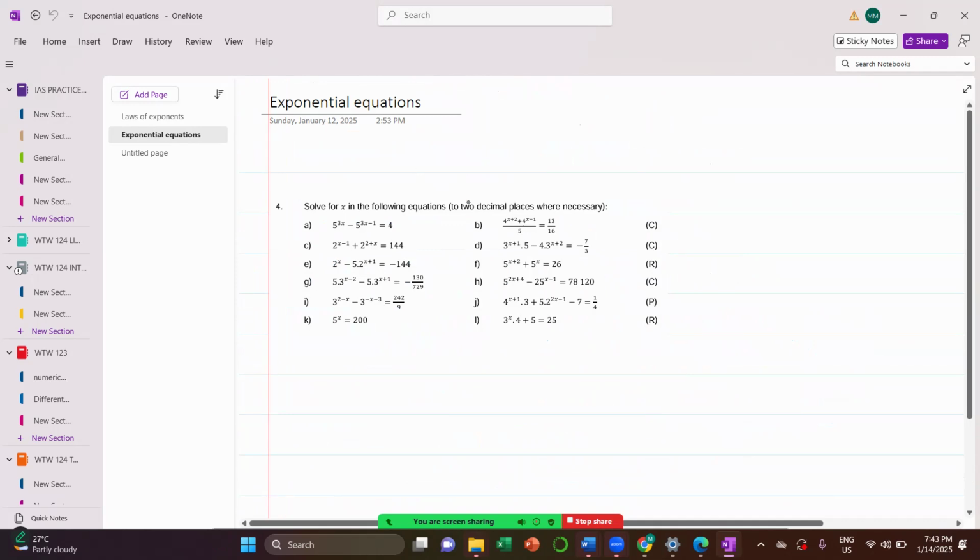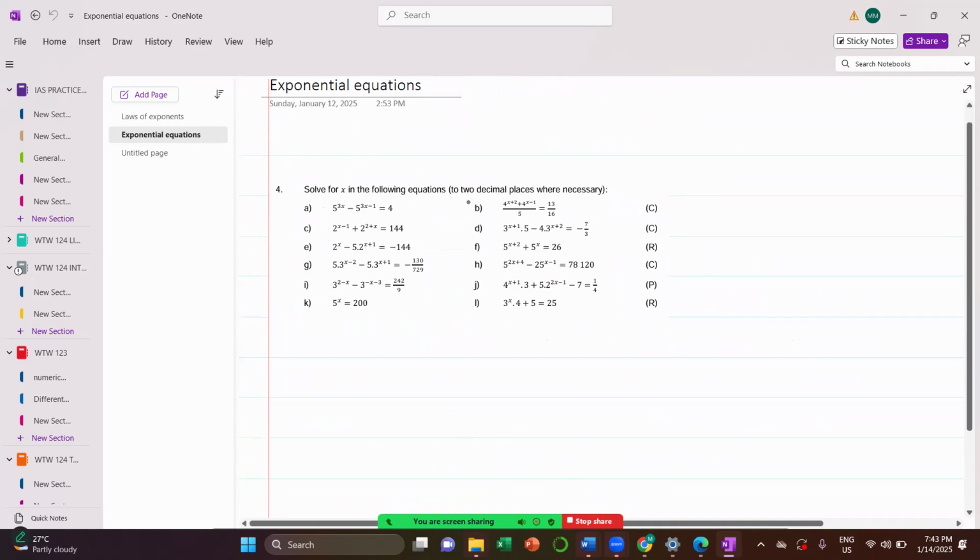Okay, so I'm going to do letter A, and then C, and then F. Yeah, I'll do those three first, and then I'll do K, and then I'll move on to the complex ones later.